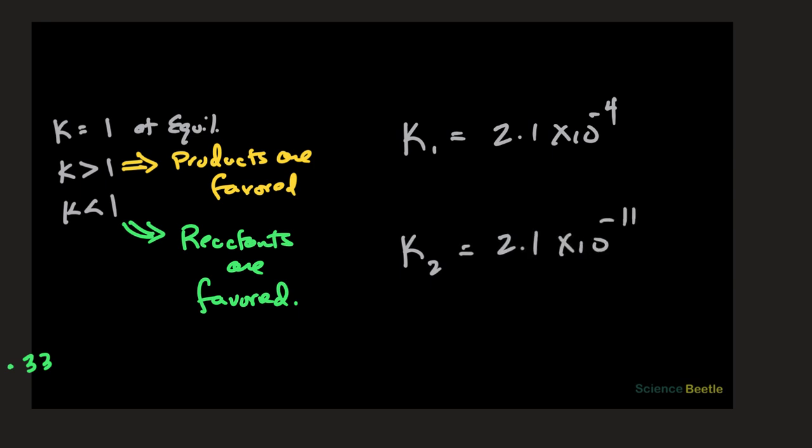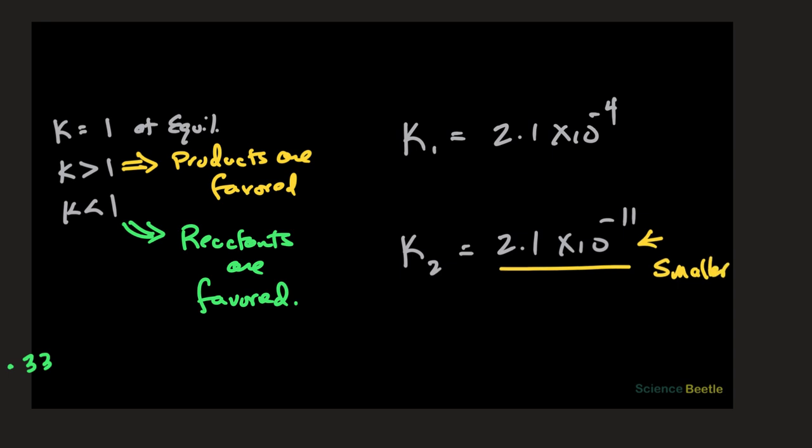Now, if you refer to these numbers here, the one number that is closest to 1 is the one that is going to be preferred. So in this particular case, the 2.1 coefficients are the same for both of these, and all we have to look at is the exponents. An exponent of negative 4 and an exponent of negative 11 should tell you that the bottom number here, which I'm going to underline in yellow, is smaller than the number above.